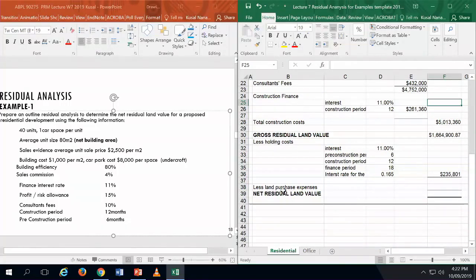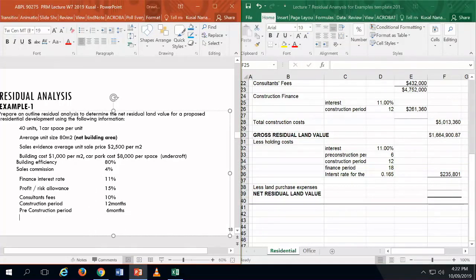Land, less land purchase expenses. How much are the land purchase expenses? Land purchase expenses are 6%. Now how do you do it?